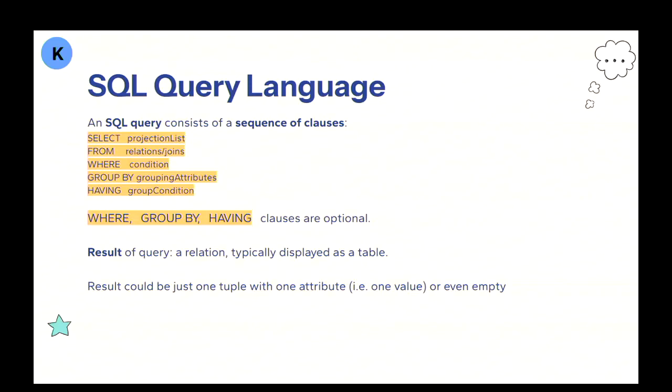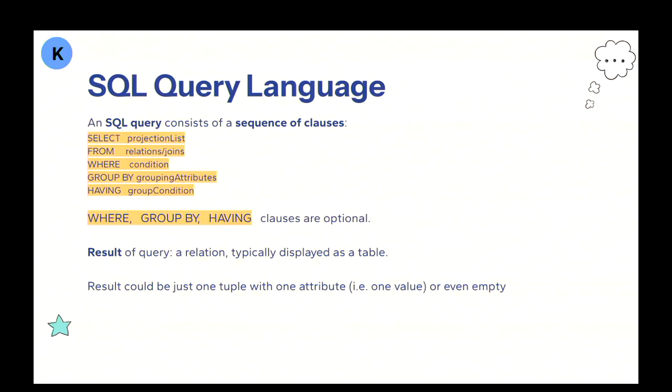Similarly, we also have the where condition because we would like to filter the data we fetch. We could also have group by, to group the data we have fetched by certain attributes. The last one is having, which is applied on the groups. The where, group by, and having clauses are all optional here.